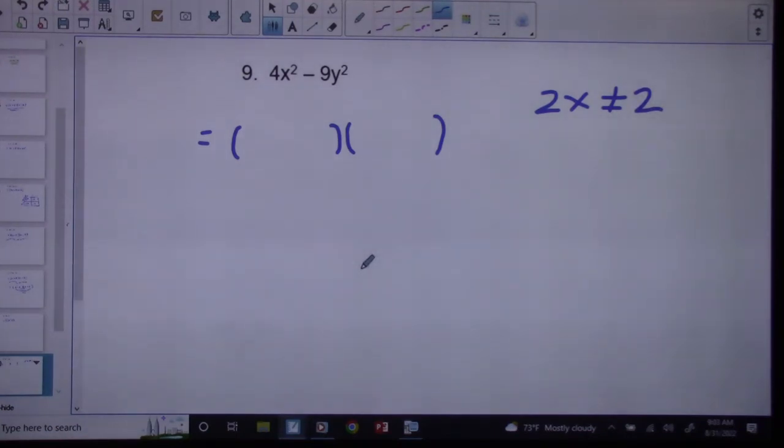Sure. So 2x is what goes here. So what goes next here? Plus 3y, and minus 3y. Okay? See, that's not too hard, is it?